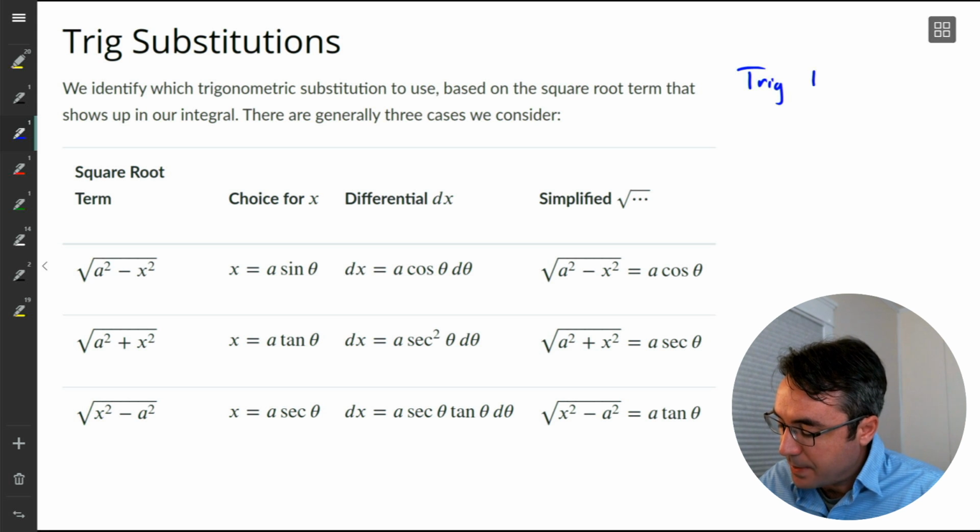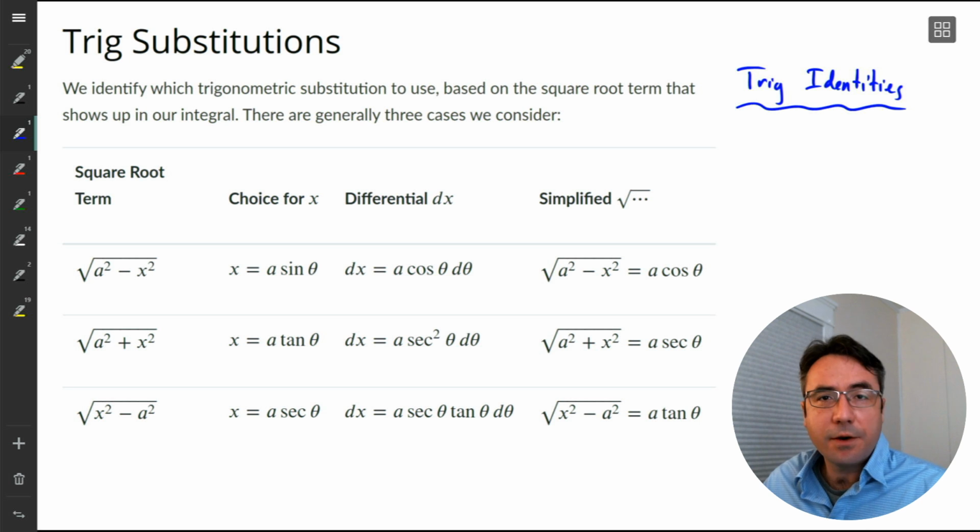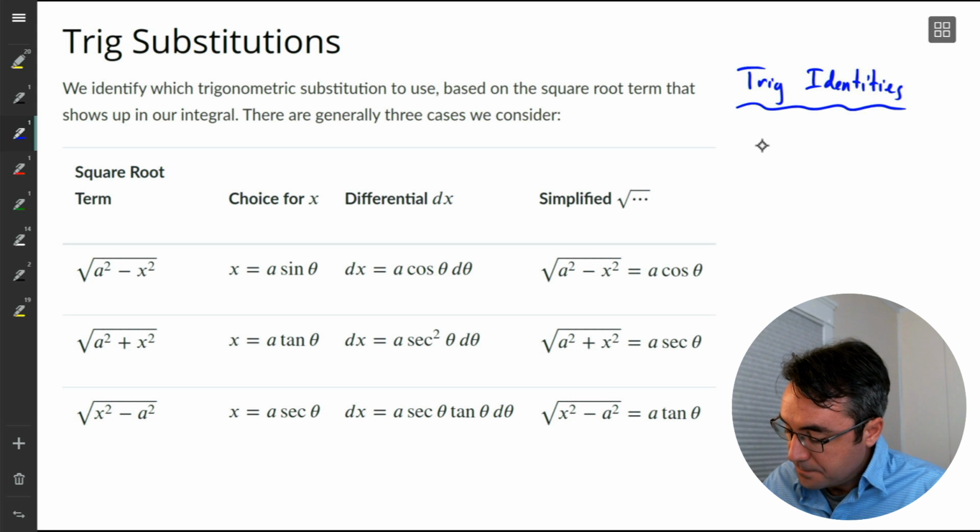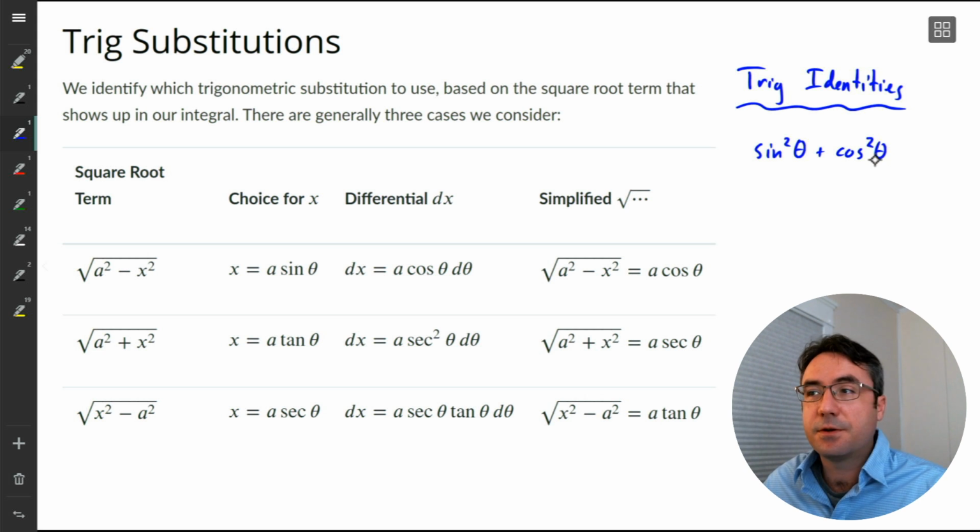So let's start by recalling two of our main trig identities that we've seen so far. One of them involves sine and cosine. The other one involves tangent and secant. What was our sine and cosine one? Well, it was cosine squared theta plus sine squared theta is equal to 1.